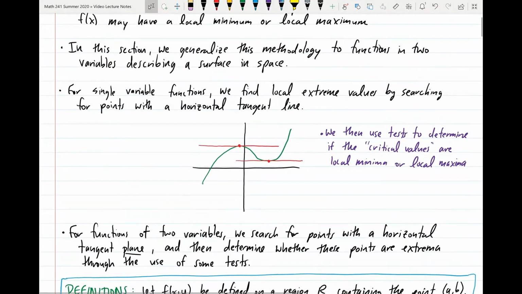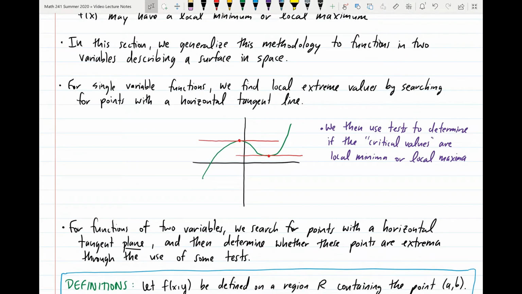For single variable functions, we find local extreme values by searching for points that have a horizontal tangent line. Remember that I have this curve, which is green inside of the plane here. And then I've picked 2 points. The point on the left is going to be a local maximum, and you can see that the tangent line is horizontal through that point.